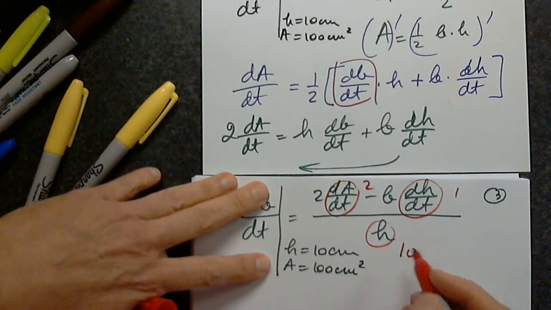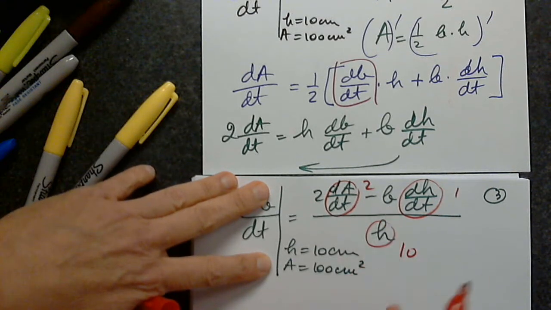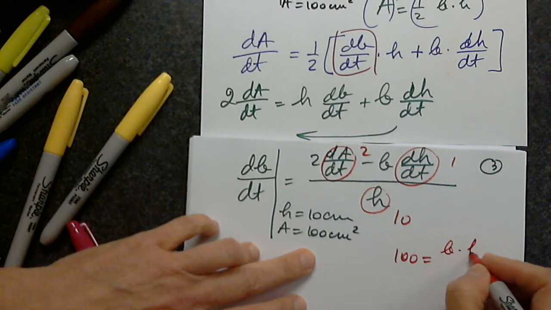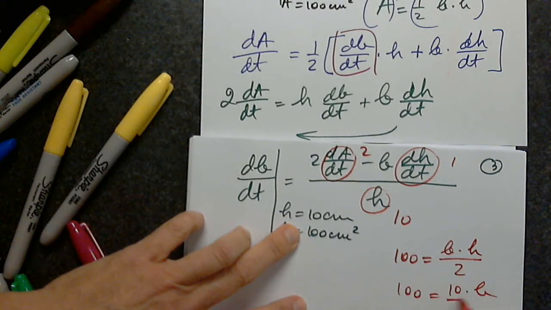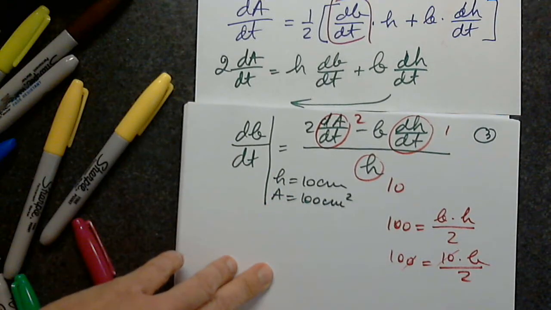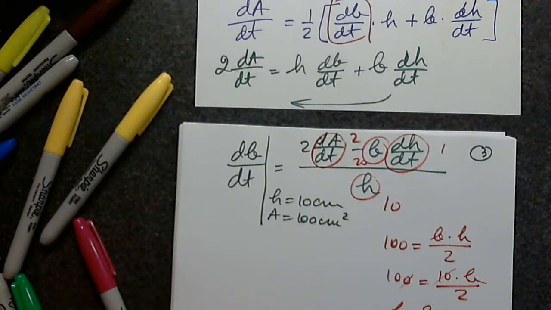This is definitely 10. I'm given this information that helps me determine b. So 100 equals b times h divided by 2, where h is 10. So 100 equals 10 times b over 2. Simplify both sides by 10, so b is 20 centimeters.